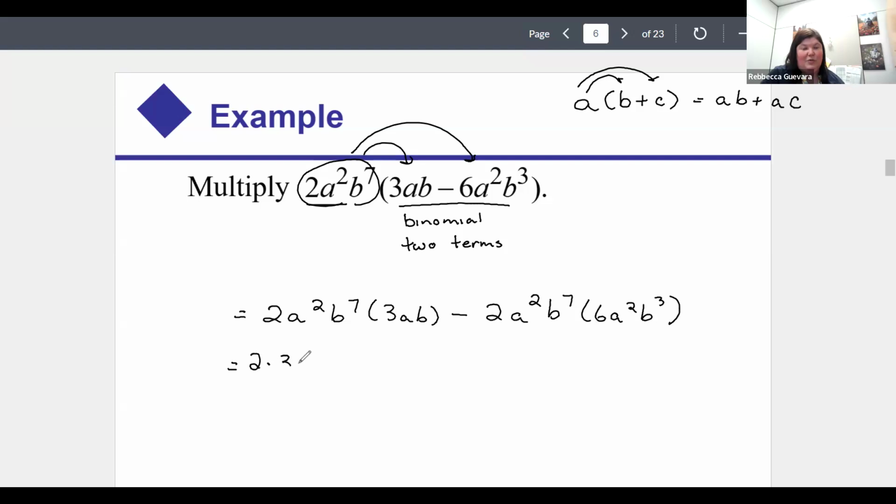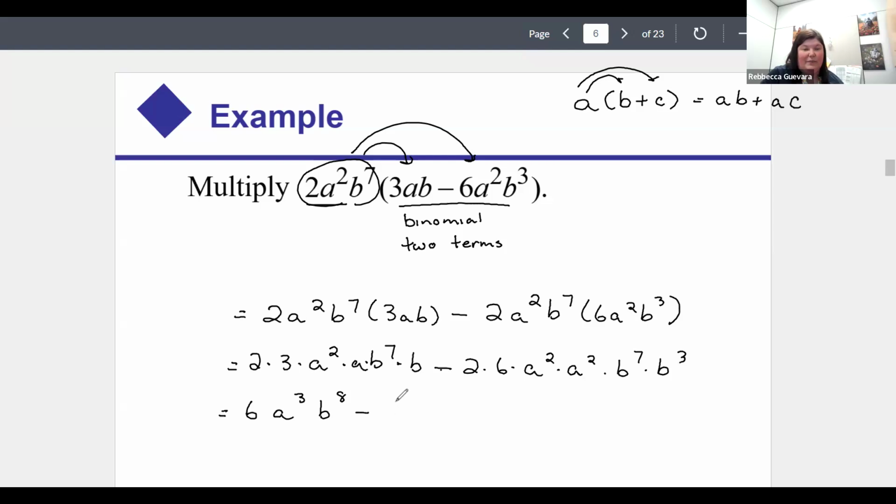This is just 2 times 3, and then a squared times a, b to the 7th times b, and here we have 2 times 6, a squared times a squared, b to the 7th times b to the 3rd. So we get 6a to the 3rd b to the 8th if we add the exponents, minus 12a to the 4th b to the 10th if we add the exponents.